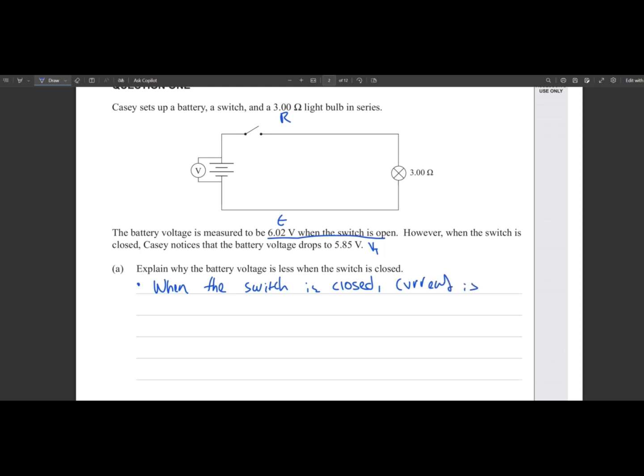And just as a quick, brief summary, you shouldn't actually write your answer like this. This is just a bit of a guide. But when the switch is closed, current is drawn, so the internal voltage drop, I'll just write Ir, increases.